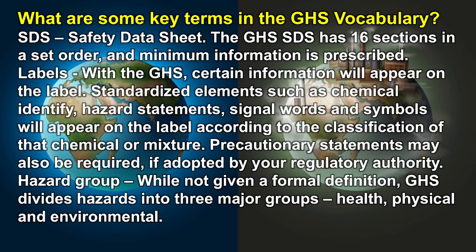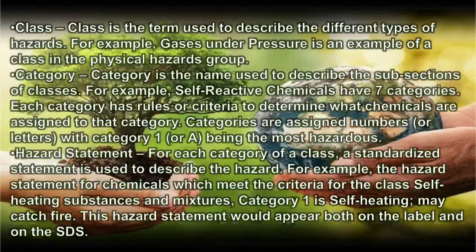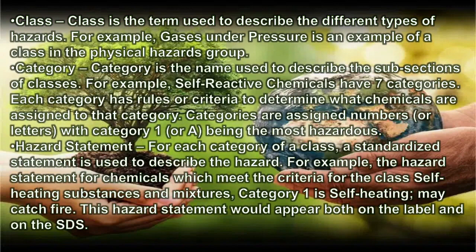Hazard group. While not given a formal definition, GHS divides hazards into three major groups: health, physical and environmental. Class. Class is the term used to describe the different types of hazards. For example, gases under pressure is an example of a class in the physical hazards group.